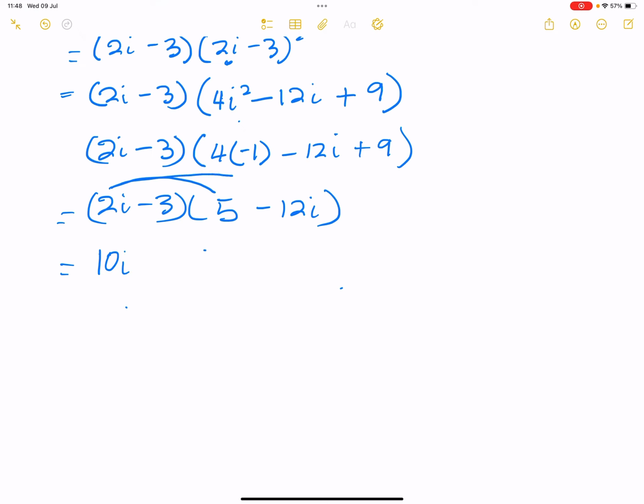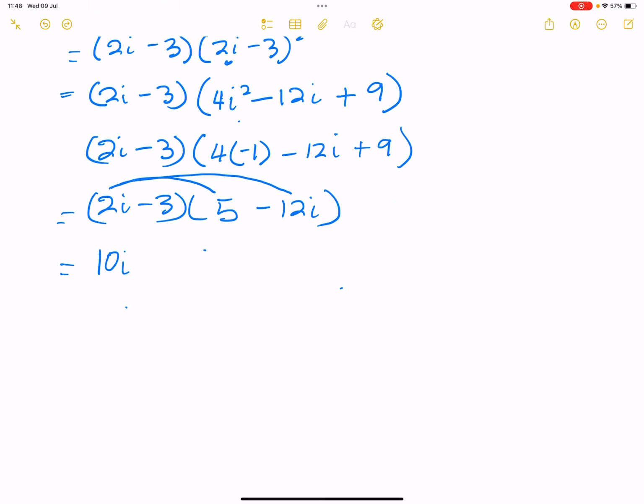We said 2i times negative 12i gave us negative 24i squared. Remember, there's that i multiplied by i there. And negative 3 times 5 is negative 15. And finally, we've got plus 36i.